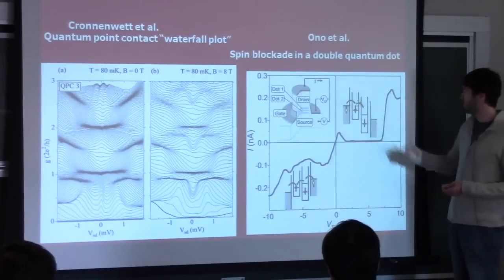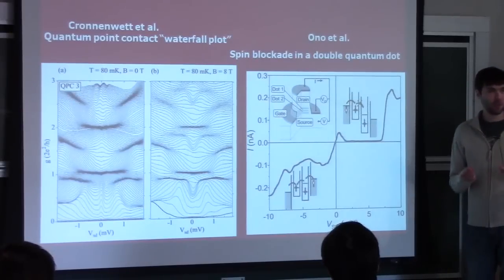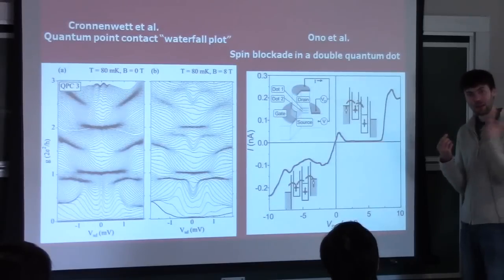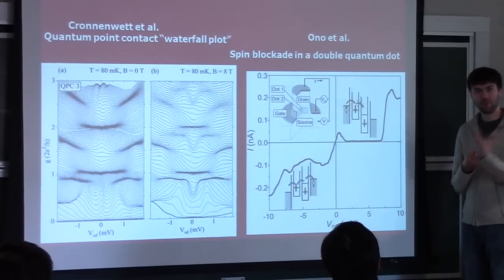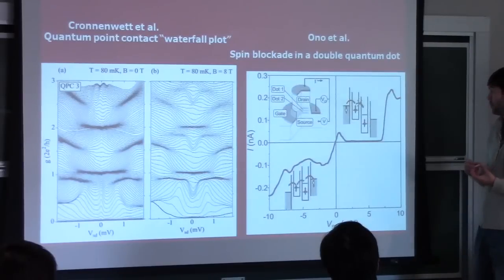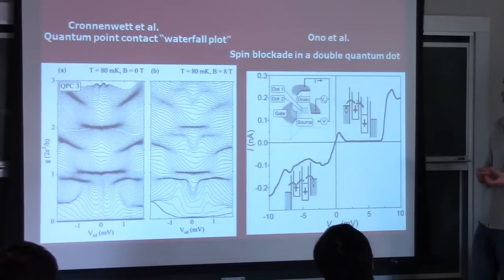And I personally really like this effect, the spin blockade. Depending on the spin state of the system, electrons can flow or they can also be blocked. And this effect is not just beautiful, but it is also very useful. It is a principle behind the operation of single spin qubits in quantum dots. So we will go into the details of that later in the course.